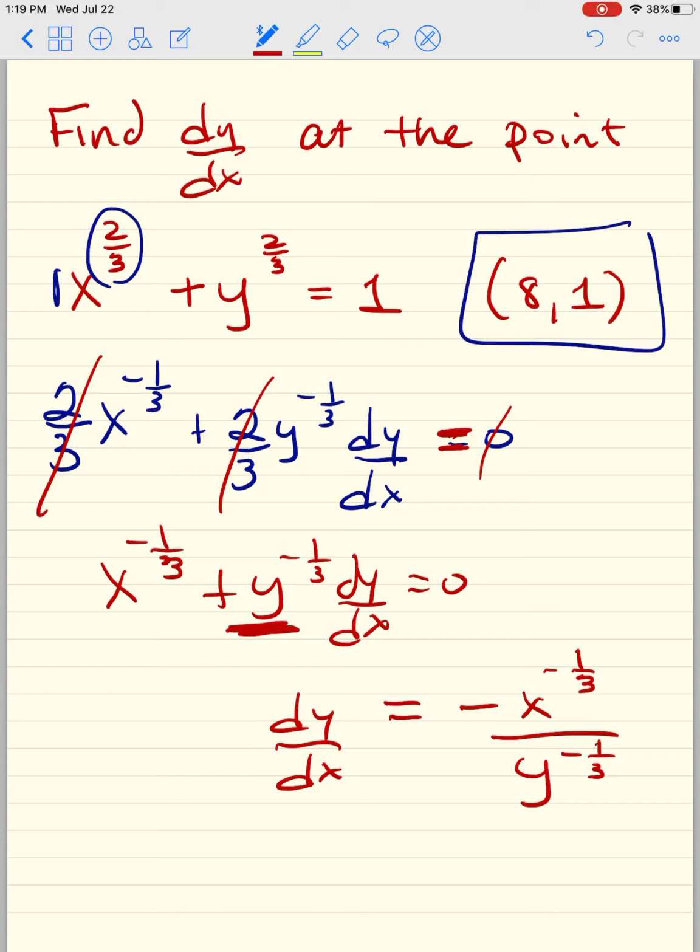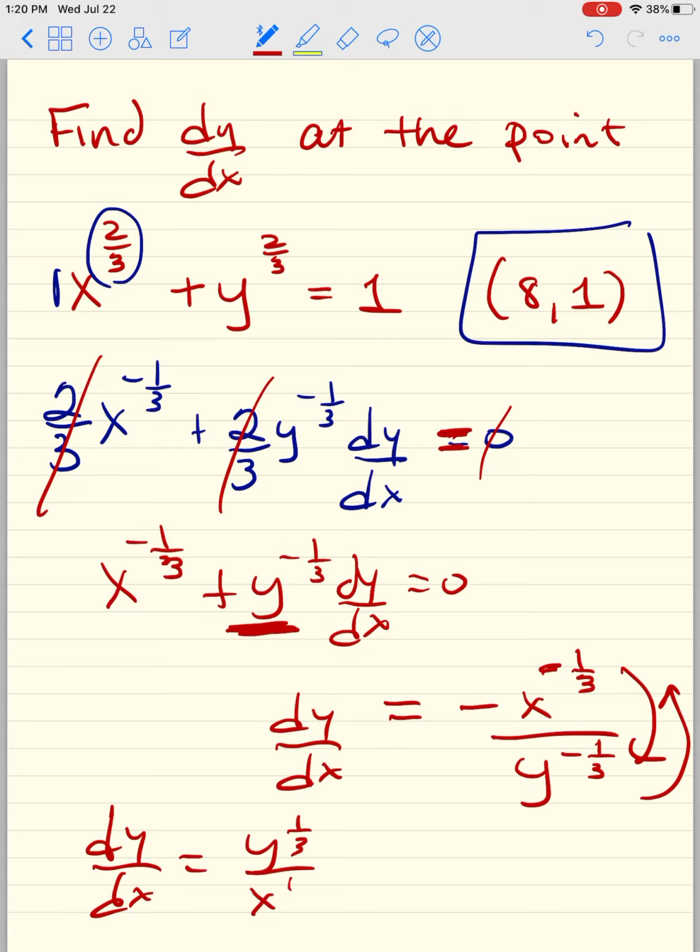Now, do you guys recall from the last video or 2 videos ago, negative exponent means you could just swap them. And they're both 1/3. So that even helps us out more. So this is going to be 1/3 x to the 1/3. And then what you can do, because they have the same power, is you could put the entire thing to 1/3. So it's really just y over x.